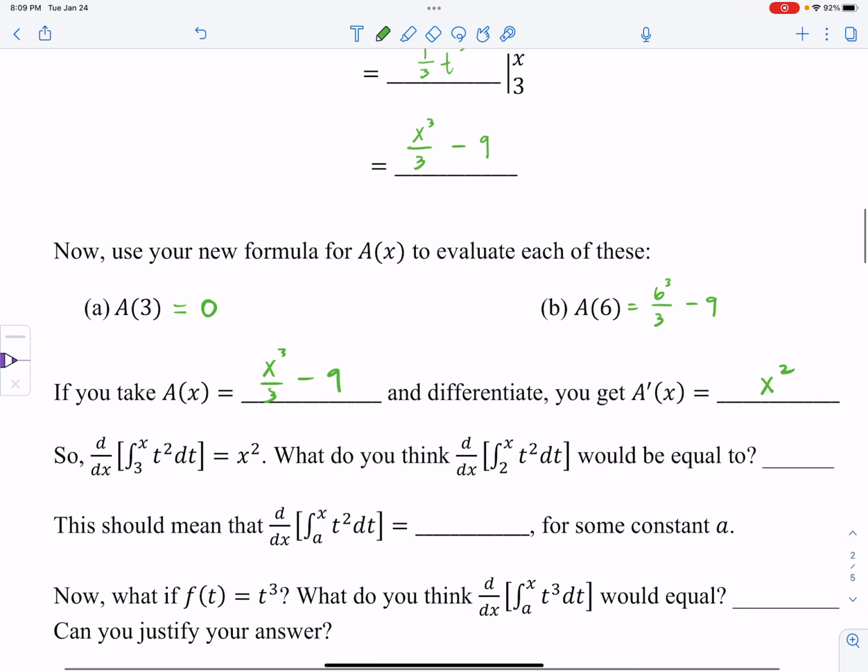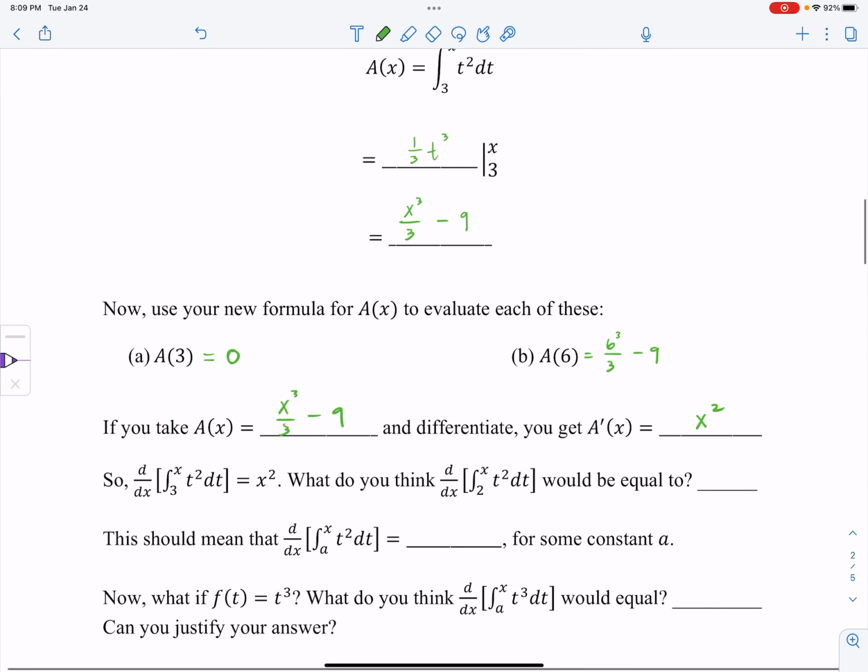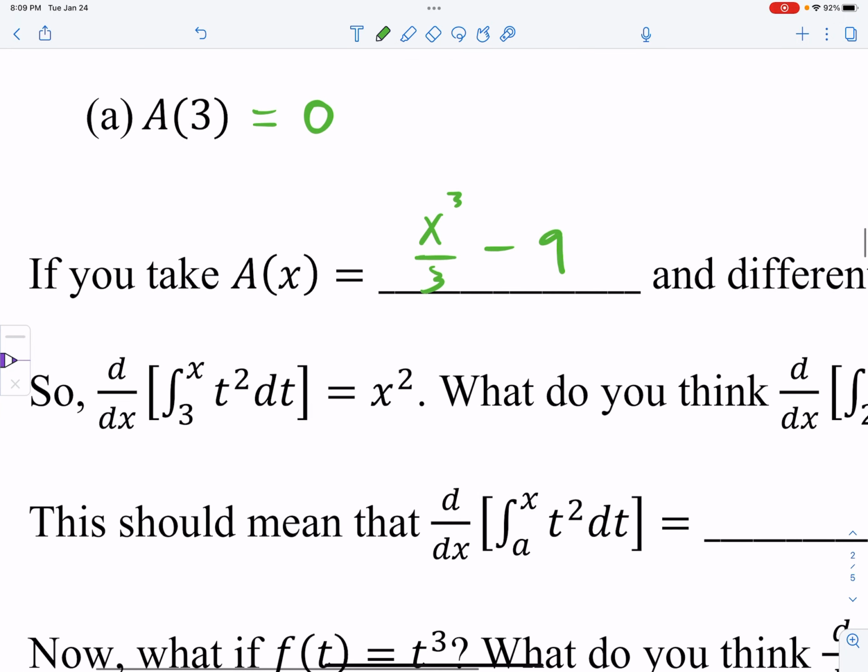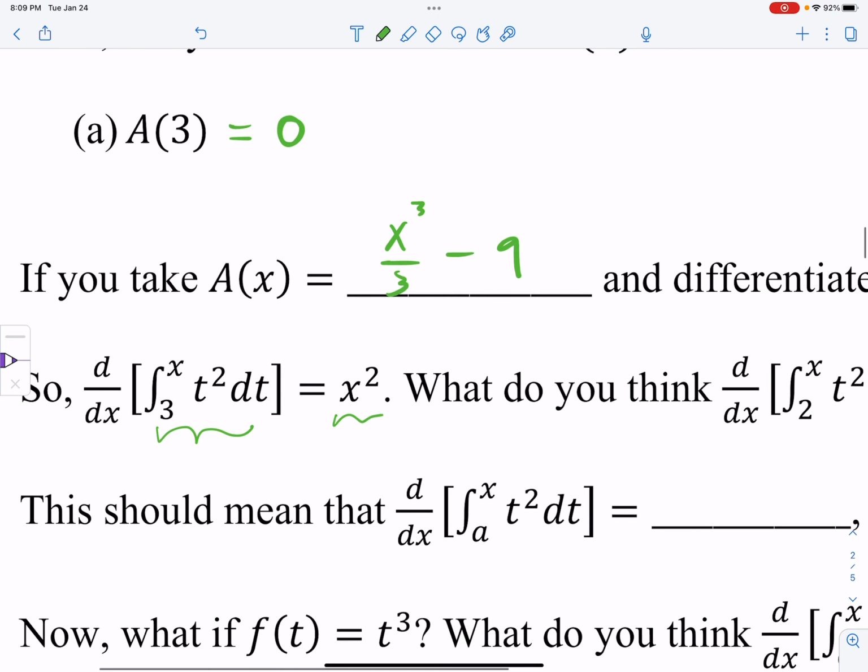So A prime is x squared. So notice here, from what I was saying before when I first showed you the second fundamental theorem of calculus, that the derivative of A of x is x squared. So I was just able to think about replacing that t with x.